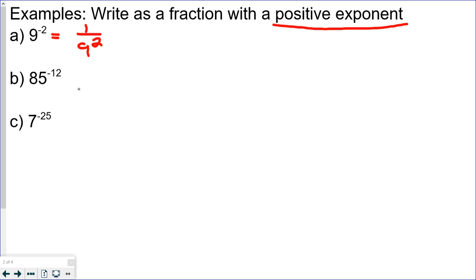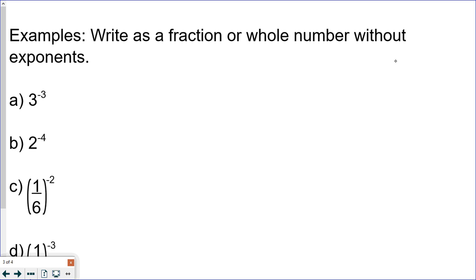And that's it. 85 to the negative 12th: they just want to make sure that you know how to change a negative exponent into a positive one. You're simply putting the power under 1 and it becomes positive. That's it.